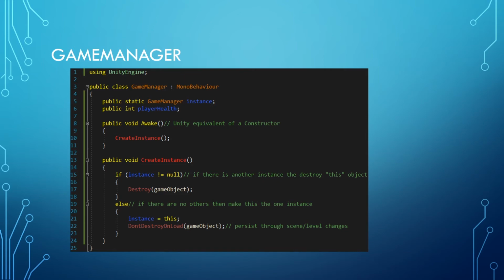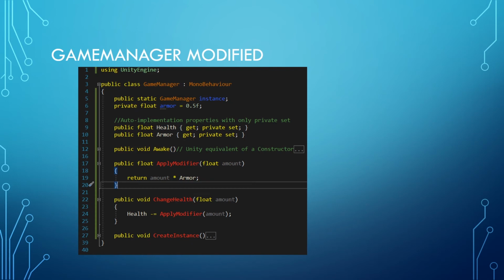I'd like to show you a way that you can potentially reduce the gravity of the high coupling issue. This is an example of another way you might write that same GameManager singleton in a way that reduces the downsides of the high coupling, so it may not be such an issue.